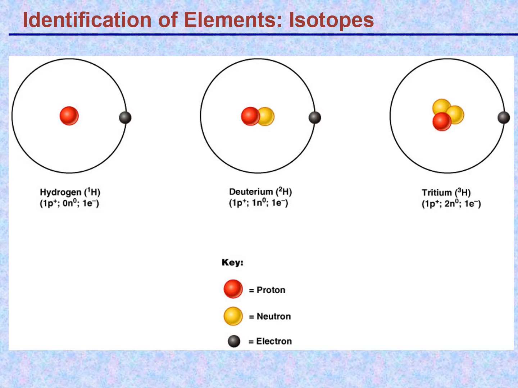In fact, water, H2O, made using deuterium as opposed to hydrogen is what is called heavy water, for obvious reasons. Tritium is an isotope which is radioactive. It's releasing radioactivity, so it's a radioisotope. It has 2 neutrons, 1 proton, 1 electron, so it's significantly heavier.